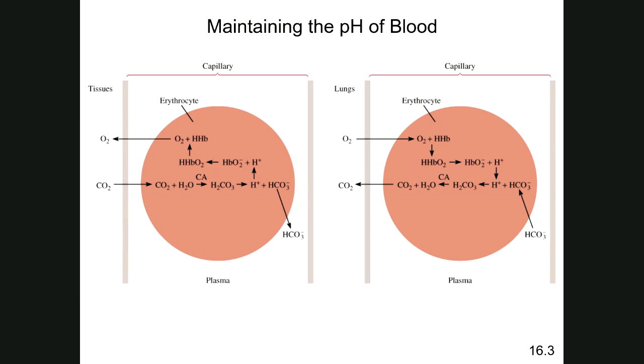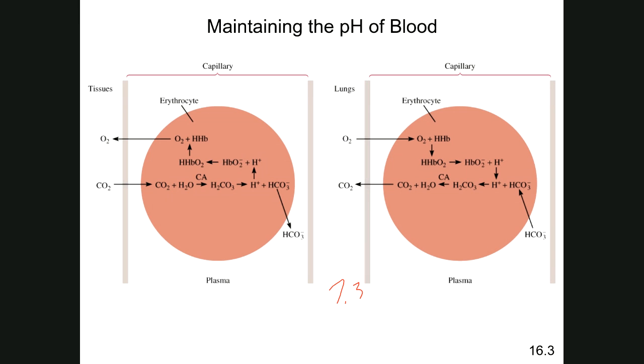Maintaining the pH is the characteristic of a buffer system. Because your blood is a buffer system, if you add a limited amount of acid or base, the pH is not going to change. The pH of the blood is from 7.35 to 7.45.